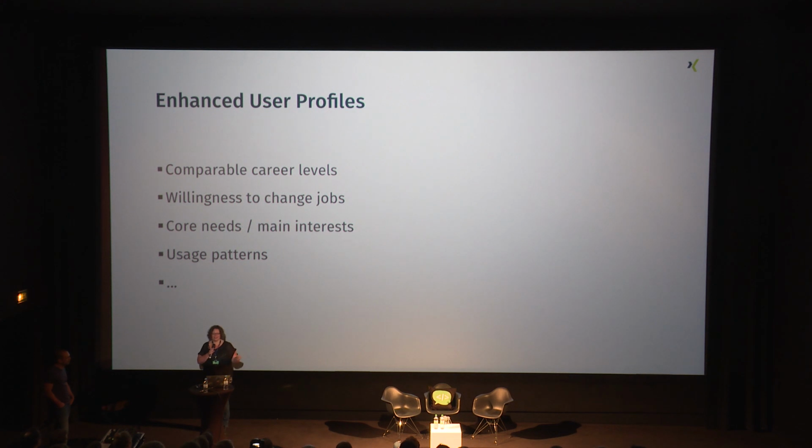And of course, they are the CEO of their one-person startup, but still we do not want to recommend CEO positions to these users at great companies, but rather entry-level positions. This is why we have more fine-grained career levels in the back and try to figure out with some logic what is the real career level of a user.